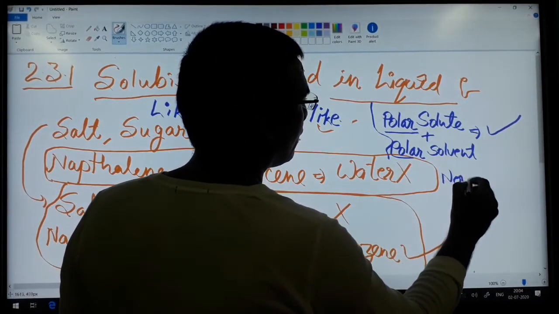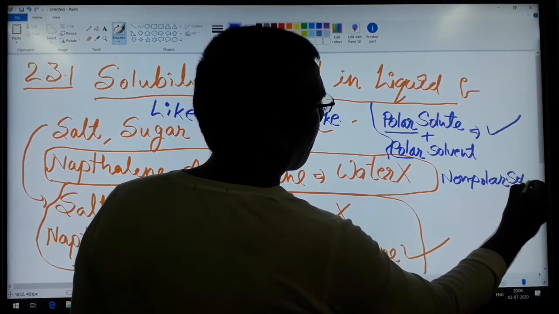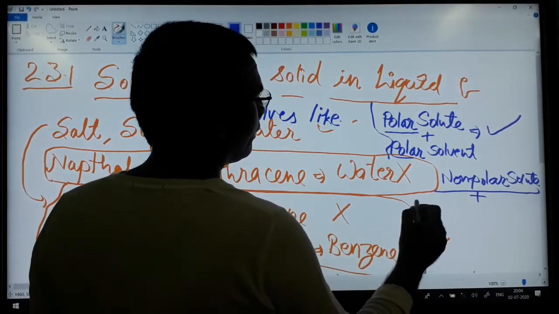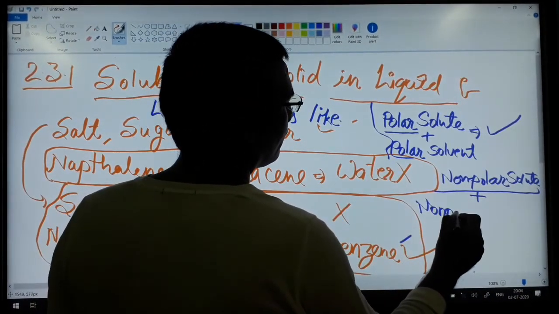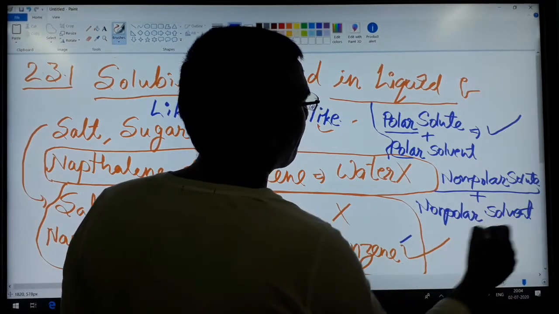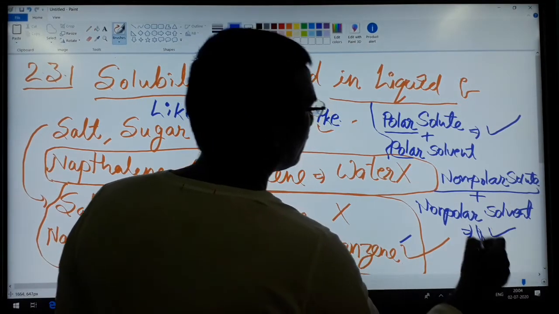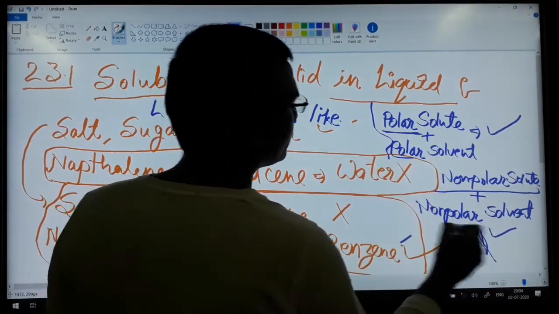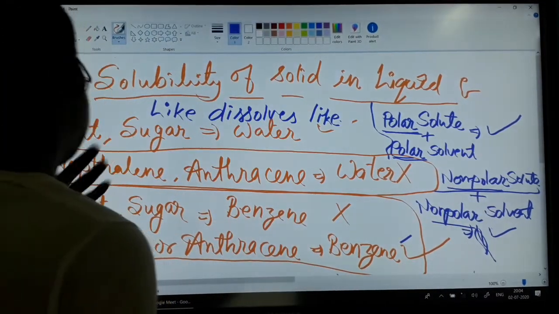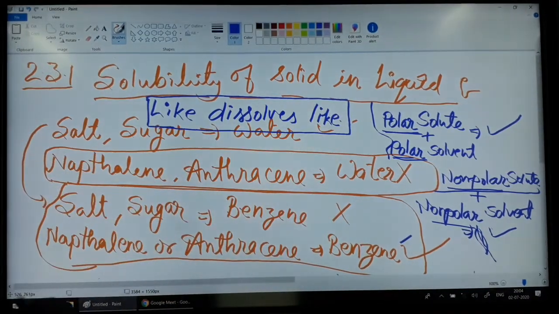Then the next one is non-polar solute plus non-polar solvent. This is also soluble. If you change this polar with non-polar, or this non-polar with polar, then it is insoluble. So that is why we are saying here like dissolves like.